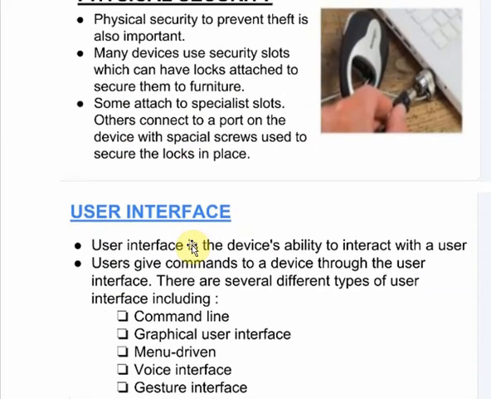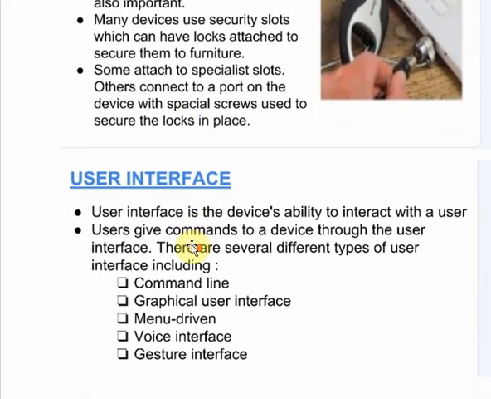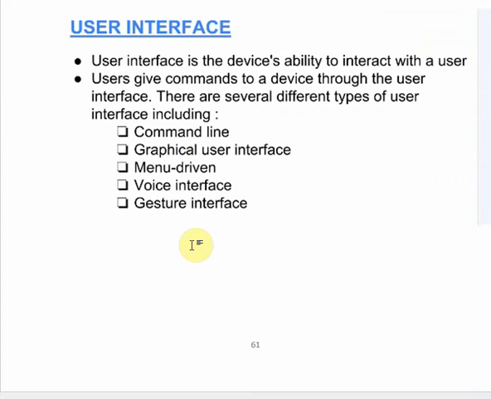Then user interface, right? We have already learned about this: command line, graphical user interface, menu driven, voice, gesture. Command line means text, like the DOS operating system, where we can provide commands using the command line. Graphical user interface means an operating system like Windows that we are using, right?